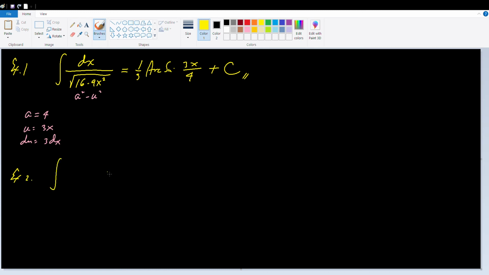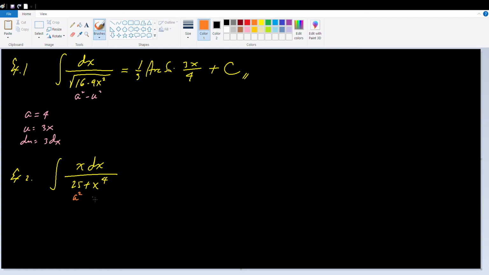Okay. Second example. Say we have the integral of x dx all over 25 plus x to the 4th. Notice that in our integrand, there is no radical involved. So let us try using the second formula.